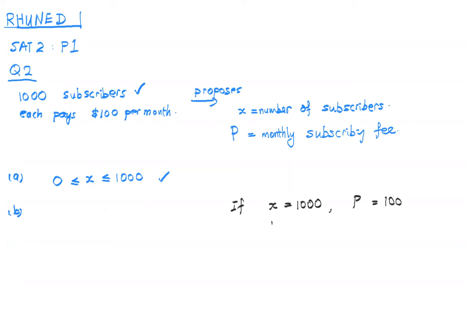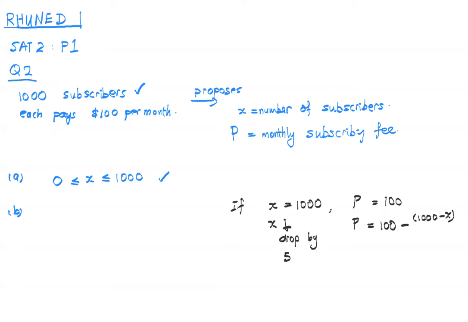So if X drops, what will happen to the subscribing fee? We count by drops of 5. So for each 5 drop, the subscribing fee will increase. How many drops? We take 1,000 take away X.